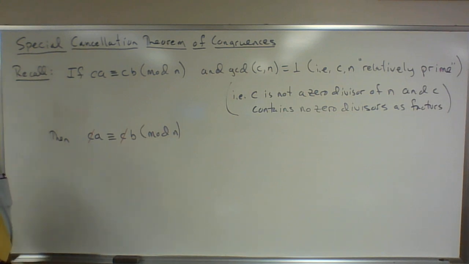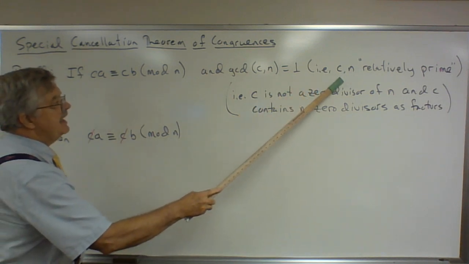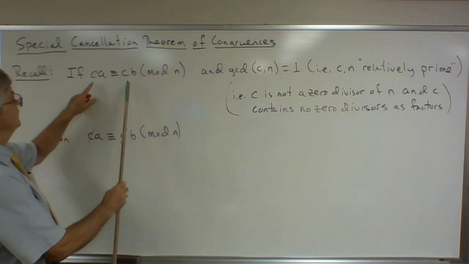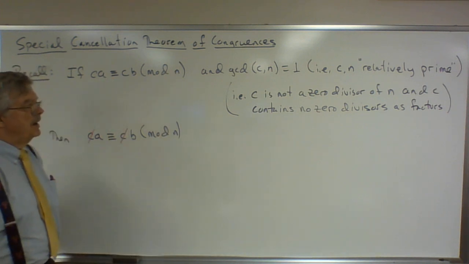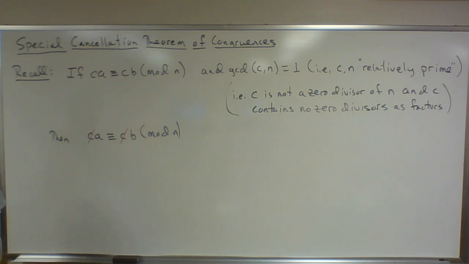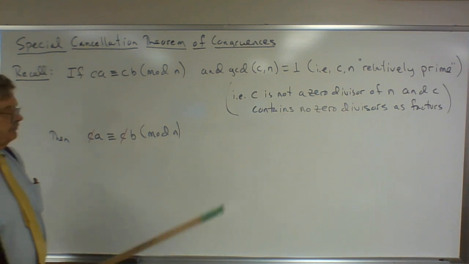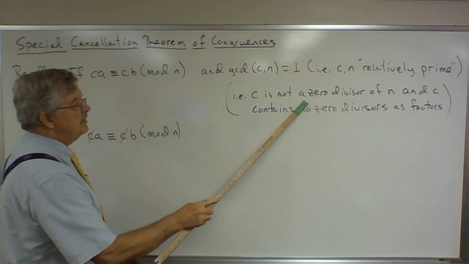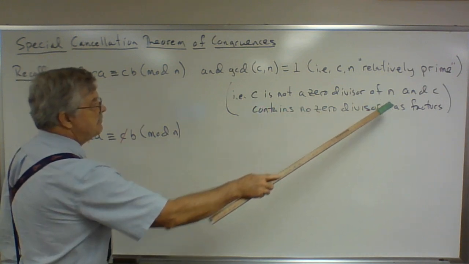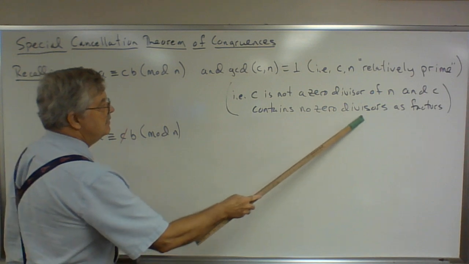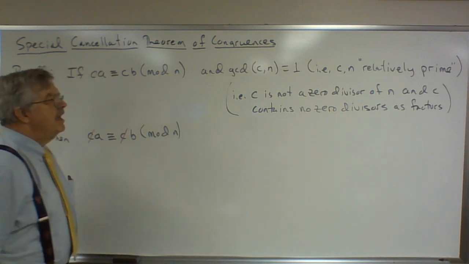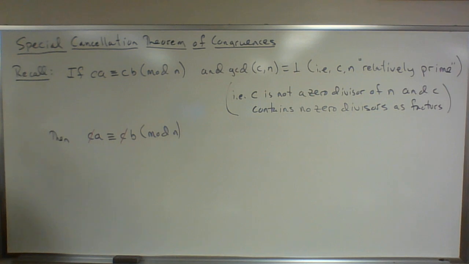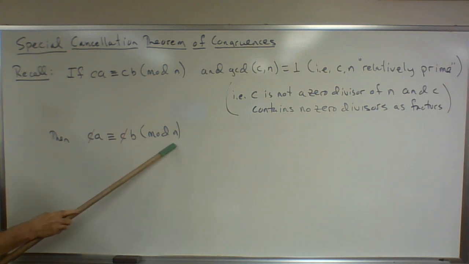And that's synonymous with saying that C and N are relatively prime, which is also synonymous with saying that C is not a zero divisor of N, and C contains no zero divisors as factors. So that's when we can cancel and still have a congruence mod n.